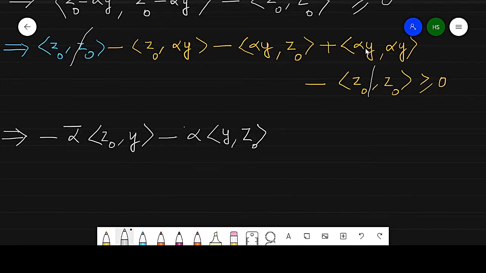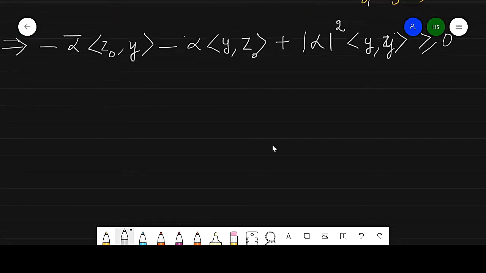Now from this, one is from the first vector and one is from the second vector, so we take it as alpha into alpha conjugate, which is the absolute value of alpha whole square into y comma y, and this is greater than or equal to 0. So in order to simplify, we get this kind of equation.